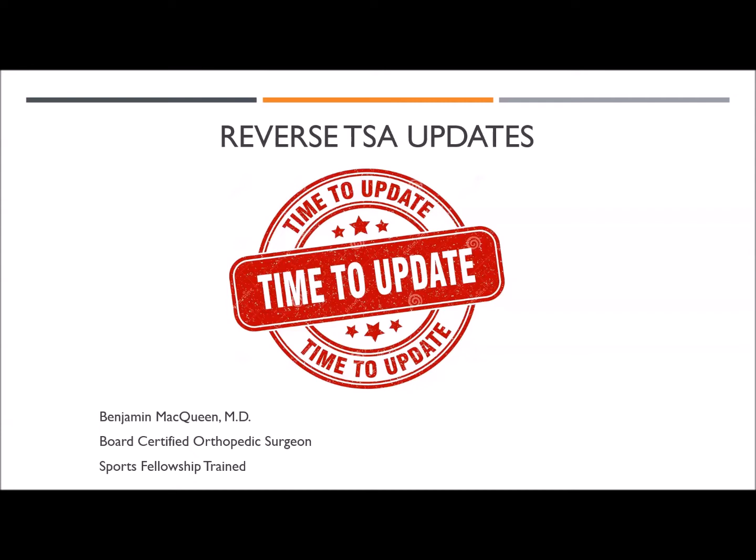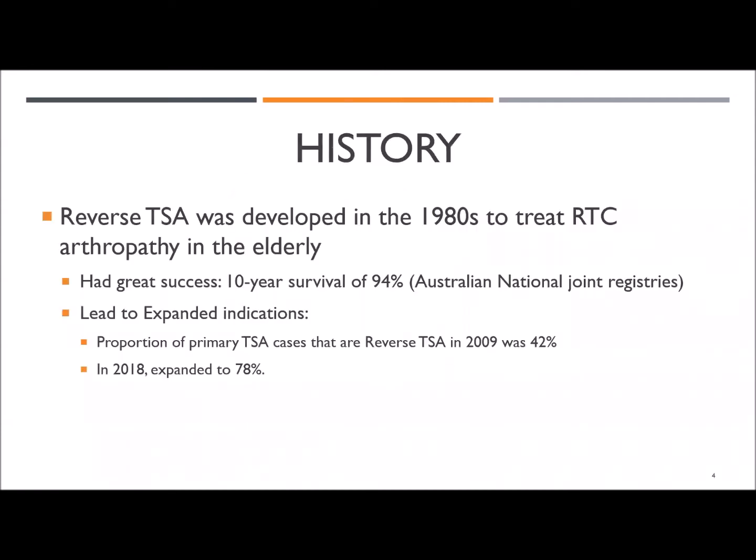So first of all, just a brief introduction on reverse total shoulder arthroplasty. It was developed back in the 1980s. The main reason was to treat rotator cuff arthropathy in the elderly mainly. There was initial great success where, if you look at prior studies, there's a 10-year survival rate on the Australian National Joint Registry because they kept great records in Australia.